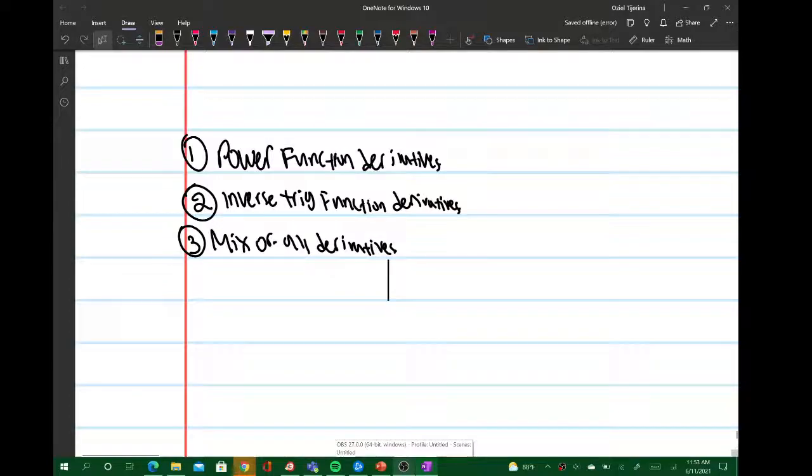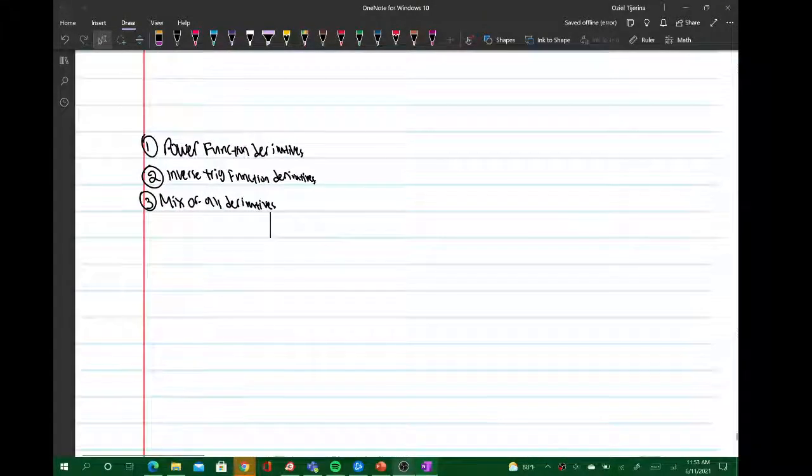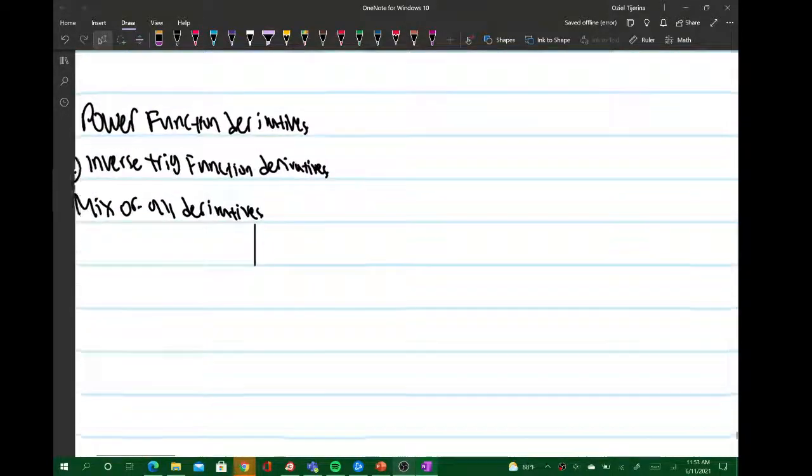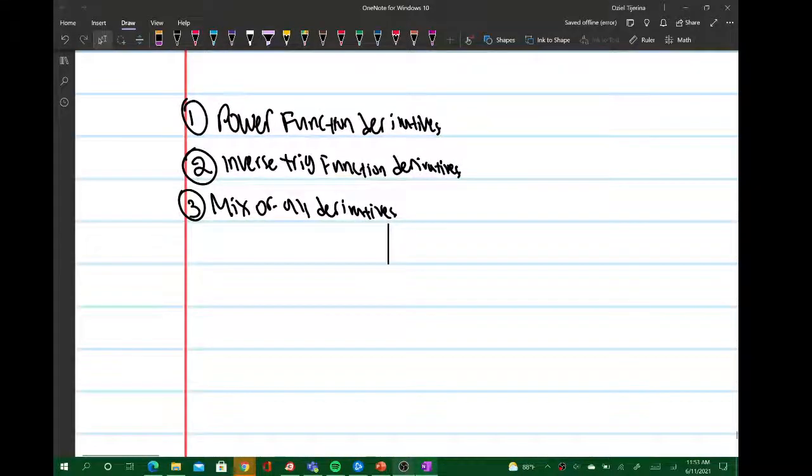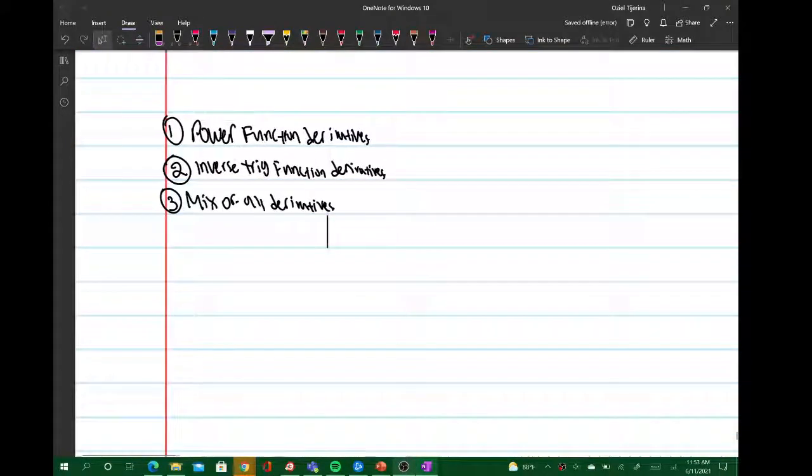I believe this is all that's left for the derivatives portion. Also we have to learn how to do related rates. And then we'll get into some basic integration after that. But yeah, it's a lot of things.